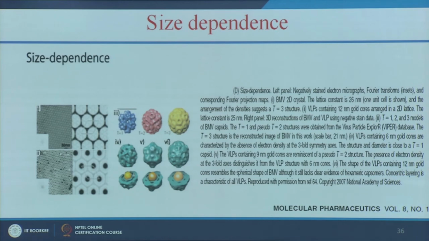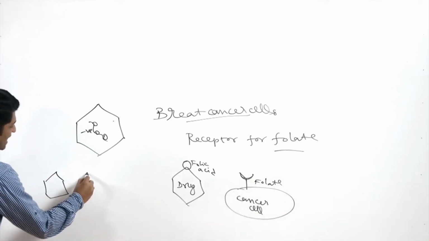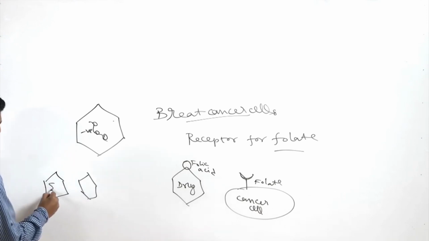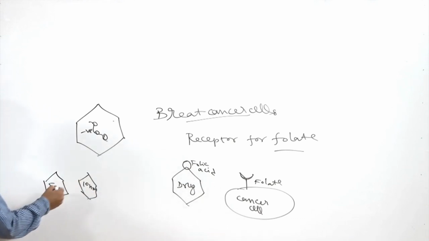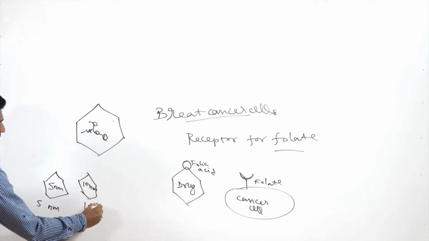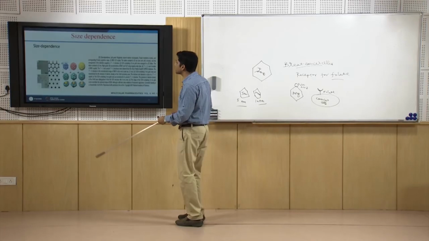For example, you have 2 or 3 types of plant virus. One is 5 nanometer size, another one is 10 nanometer size. So when you synthesize nanoparticles using this virus, it can make 5 nanometer particles and it can make 10 nanometer particles. So it can make a uniform size nanoparticle.